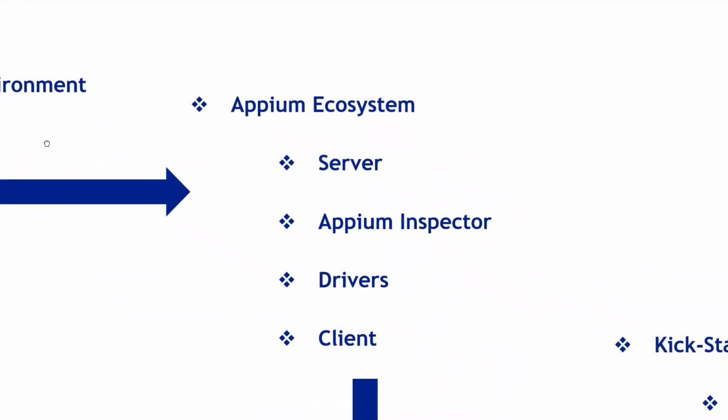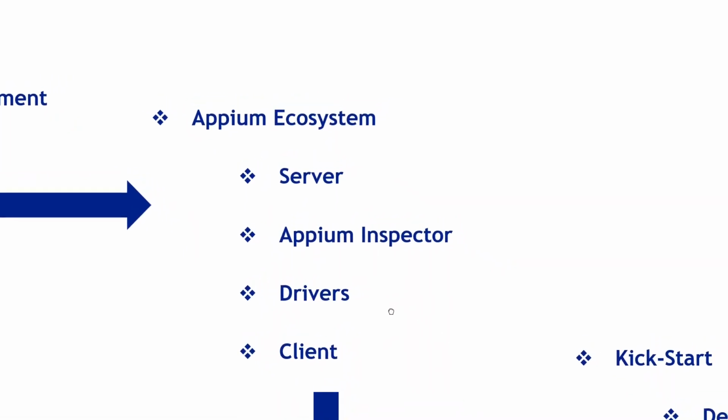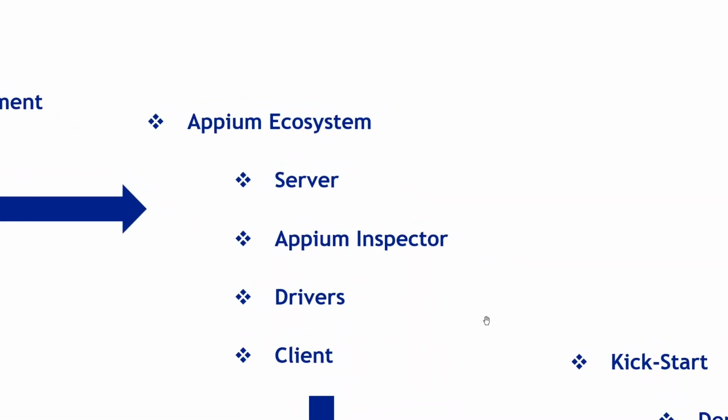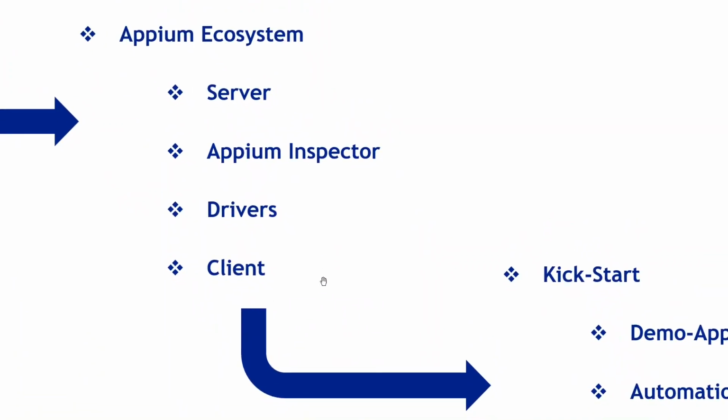And then next is the ecosystem, the Appium ecosystem, which even the author of Appium and the open source forum name as the ecosystem, which is divided into four components: the server, the Appium Inspector, which inspects the app elements, and the drivers, which are the core for managing the apps operations, along with the client side.